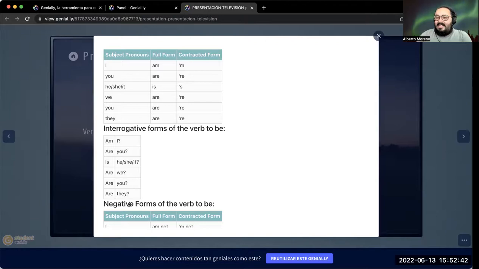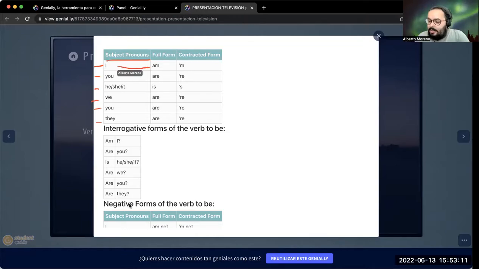So remember that the subject pronouns are I, you, he, she, it, we, you, and they, which is yo, tú, él, ella, nosotros y ellos. And we have specific forms of the verb to be for each one.